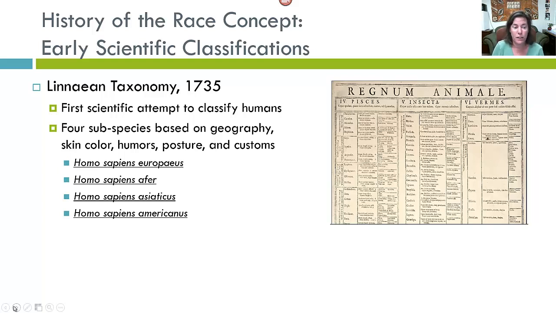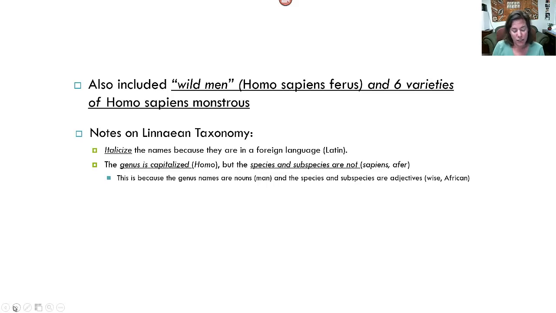The 4 different subspecies were Homo sapiens europaeus, Homo sapiens afer, Homo sapiens asiaticus, and Homo sapiens americanus. So back in 1735, nearly 300 years ago, Linnaeus considered modern humans all one species with lots of variation. Interestingly, he also included in his classification what he called wild men, Homo sapiens ferus, and 6 varieties of Homo sapiens monstrosus.